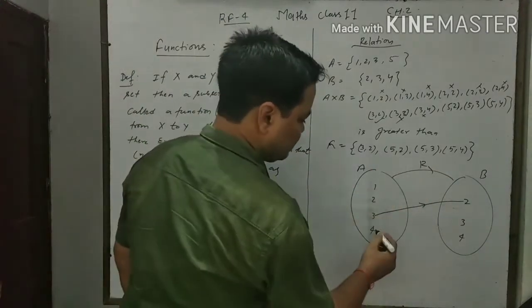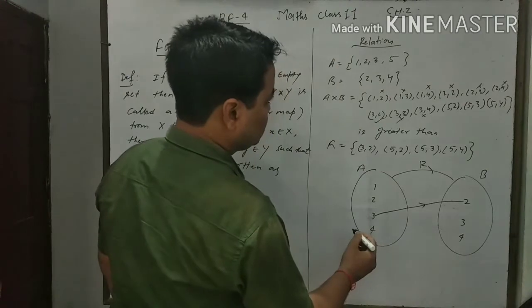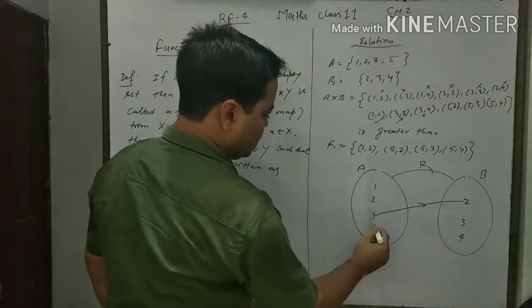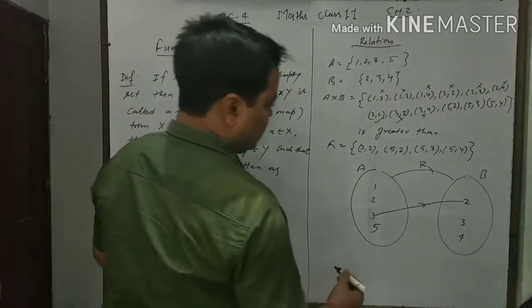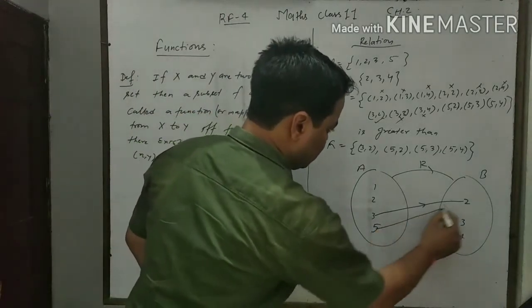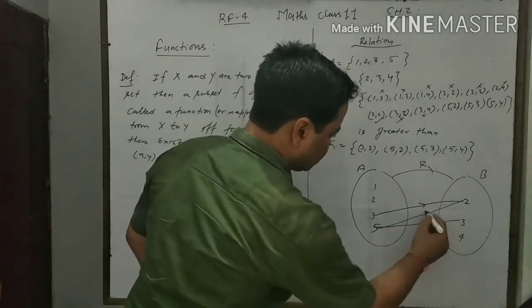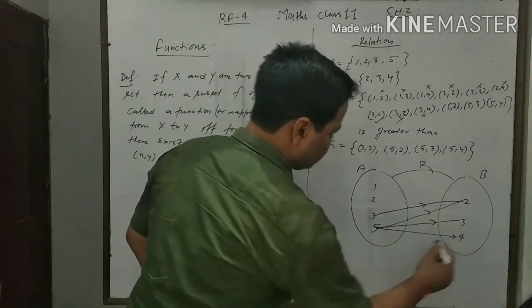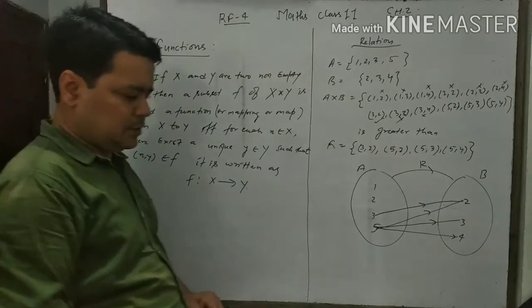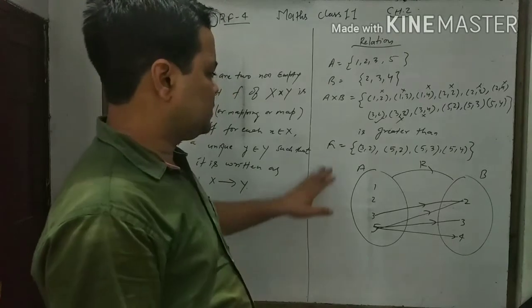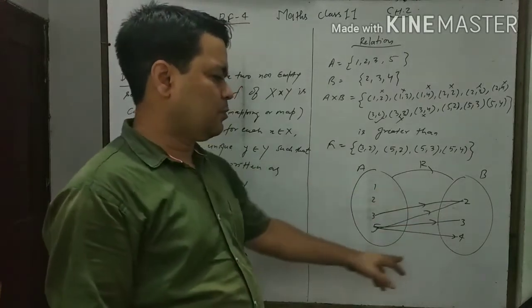After that (5, 2), 1, 2, 3, 5, not 4. Here (5, 2) we can make a relation, (5, 3) also we can make a relation, and here (5, 4). So by mapping we can represent this relation in this form.